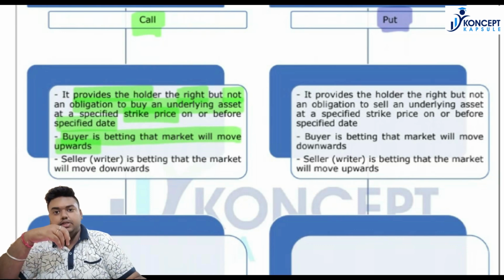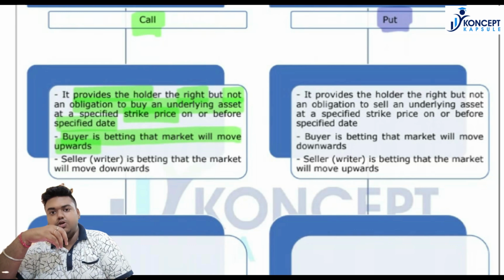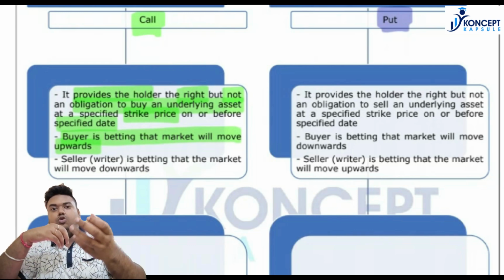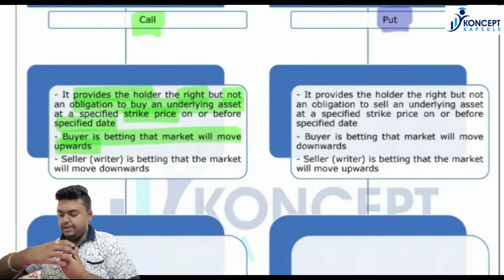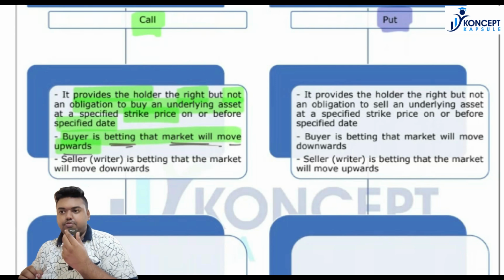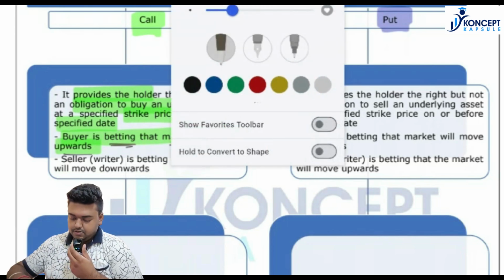Raju had the option to buy the gold. Why was he taking the option to buy the gold? Because he was expecting the market prices of gold to move up. So basically, he was betting that the market price will move up. Correct?